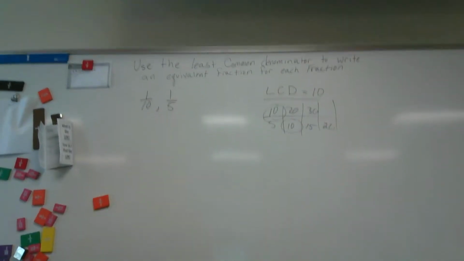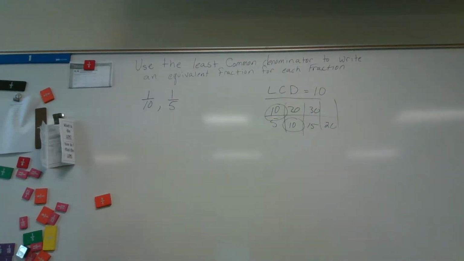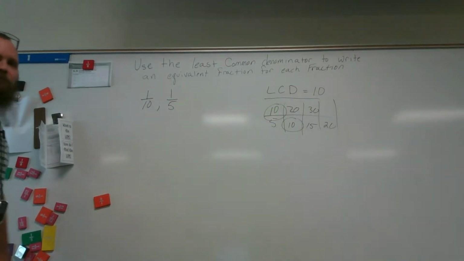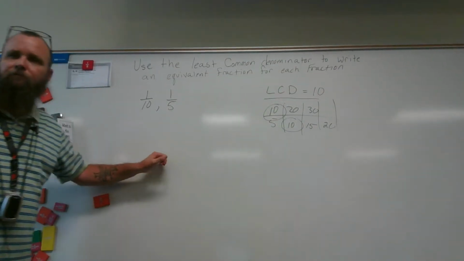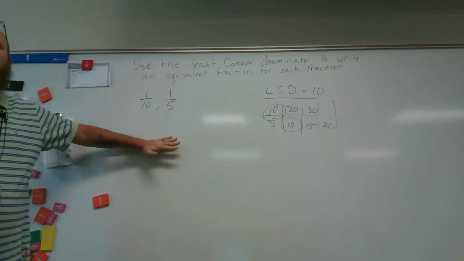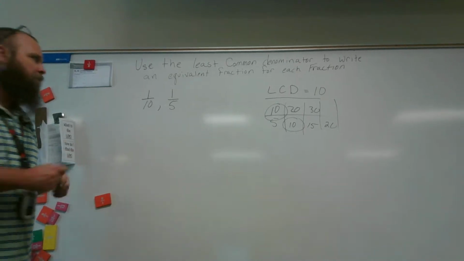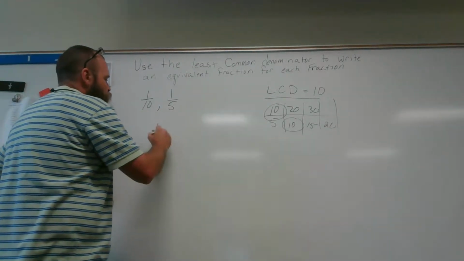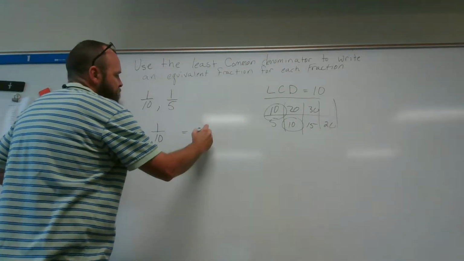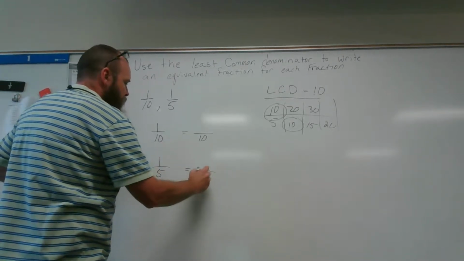So now I found my least common denominator, which is 10. And then it says to change each of these fractions so that they have the denominator of 10. So I'm going to change 1/10 into something over 10 and 1/5 into something over 10.